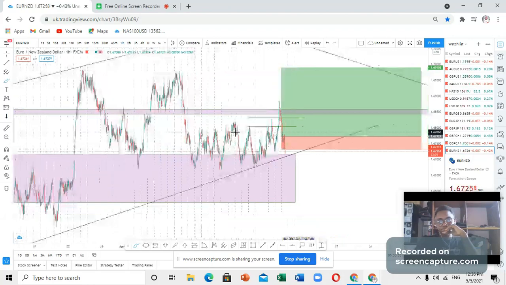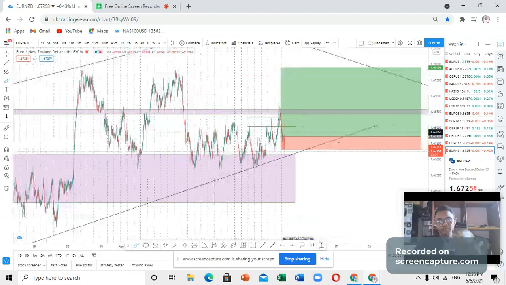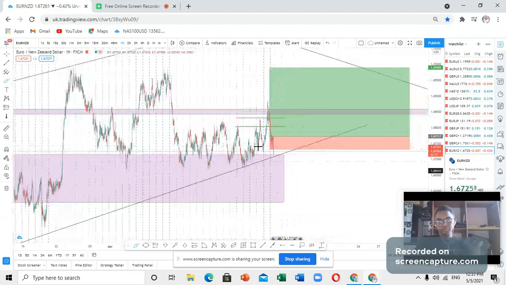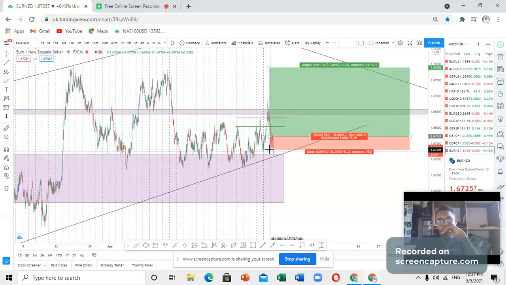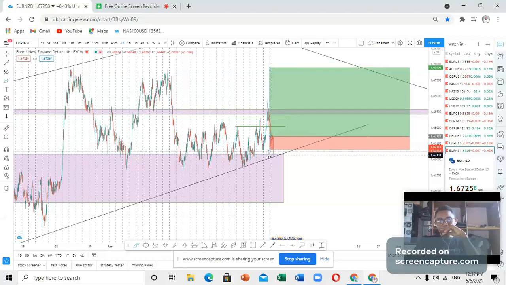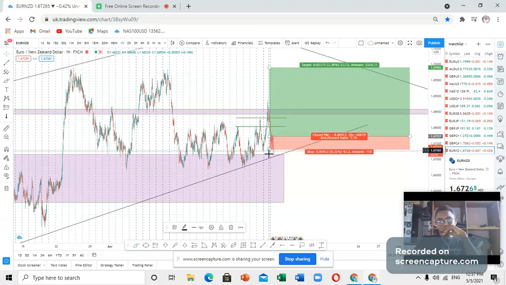So currently we are at this point where after having this touch, this was a clear confirmation for a buy. So currently I'm just expecting the market to continue moving to the upside. Let me just adjust this.